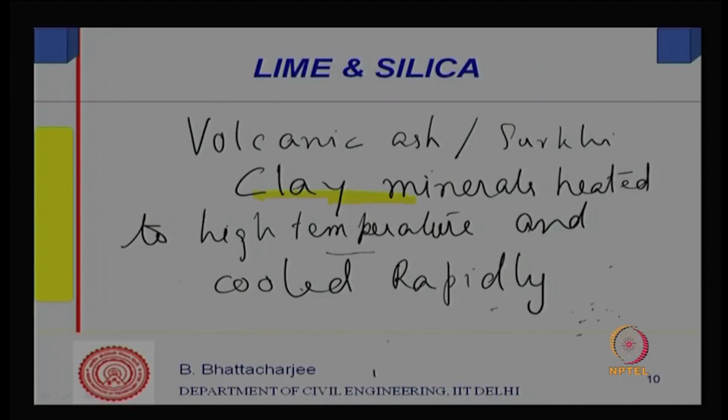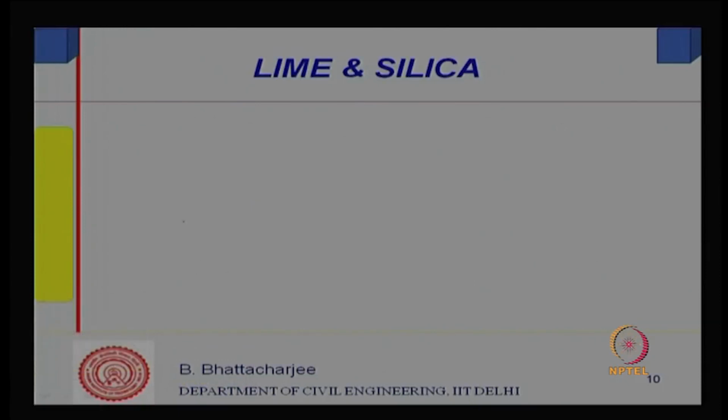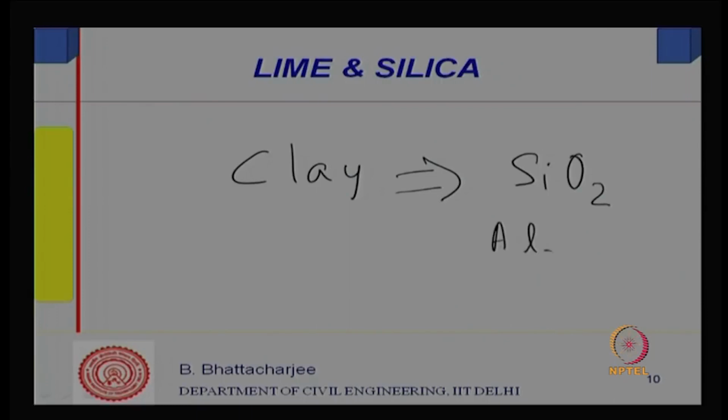Now, what is ash chemically, or clay minerals? Essentially, clay is silica, alumina, some amount of iron, etc., magnesium, carbon, but the main compounds are silica and alumina.